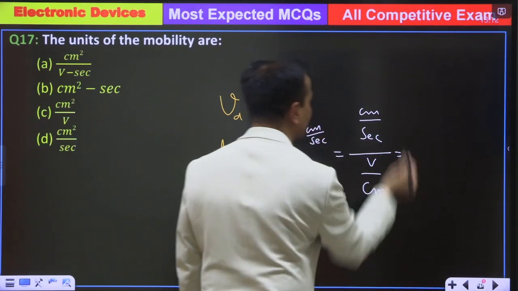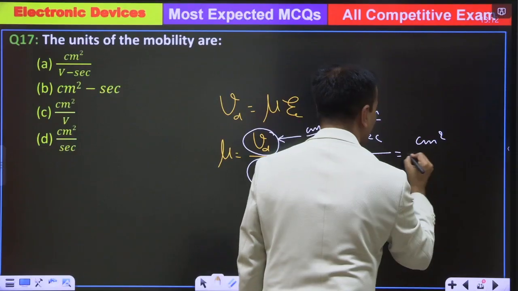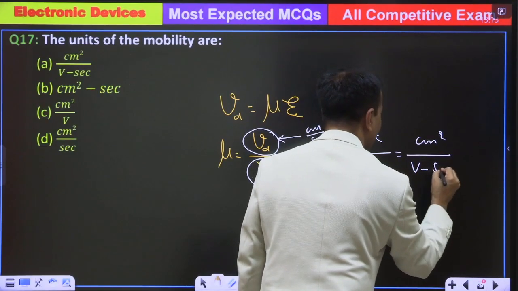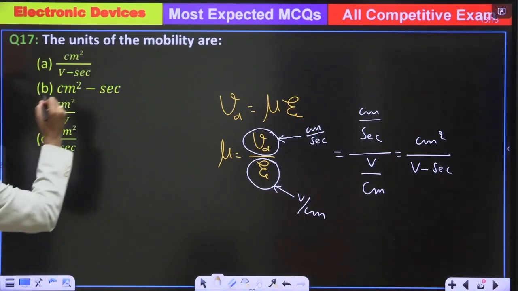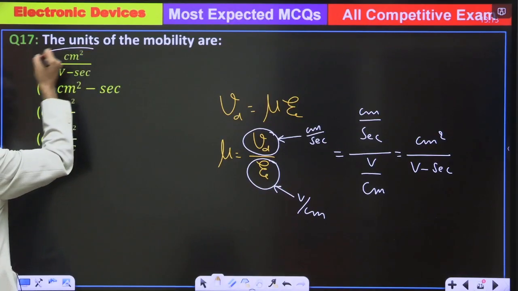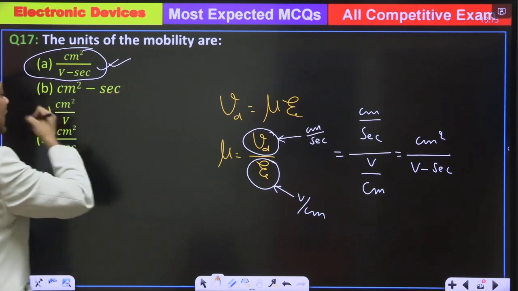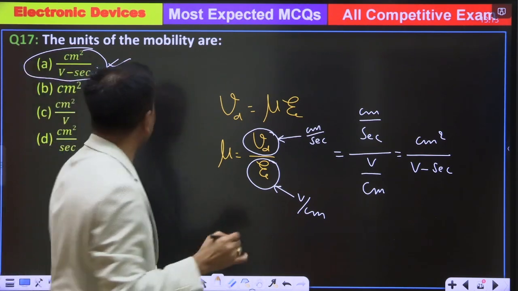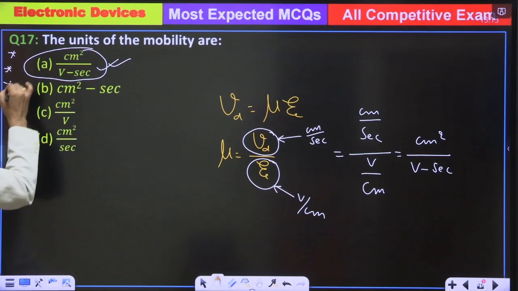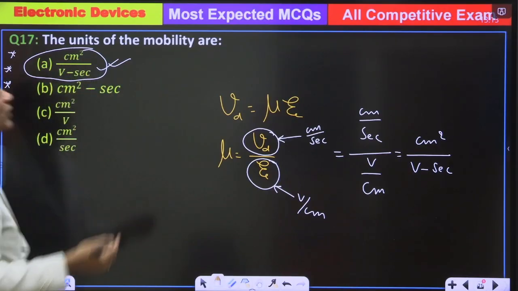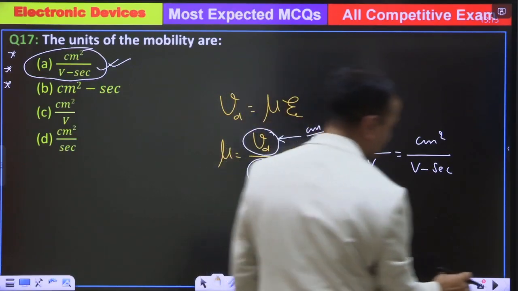Simply, centimeter will go to the upside, so that will become centimeter square per volt per second. So the unit for mobility is simply centimeter square per volt per second. Option A is the most appropriate and right answer for this question, and you must remember this because several times these units for mobility come up in many competitive exams. So now we'll move to the next.